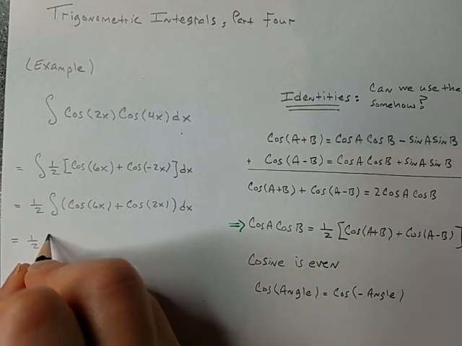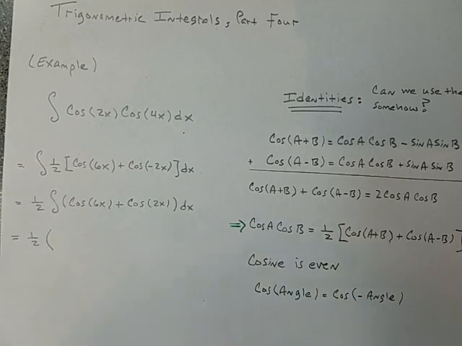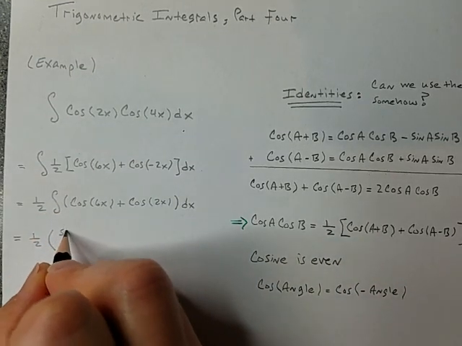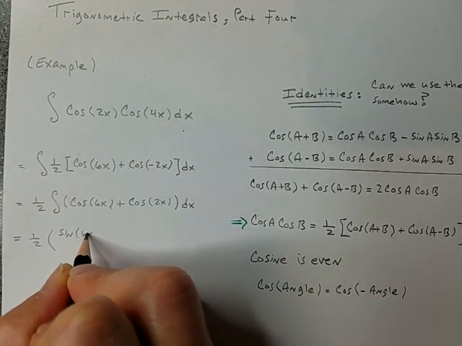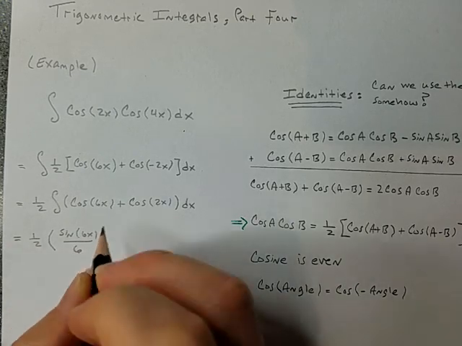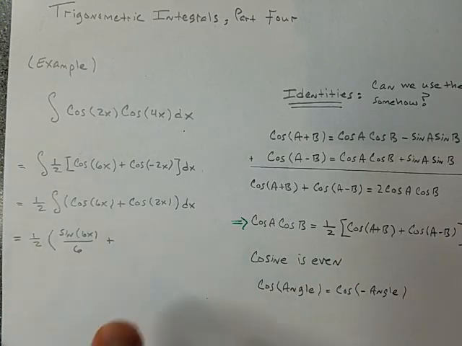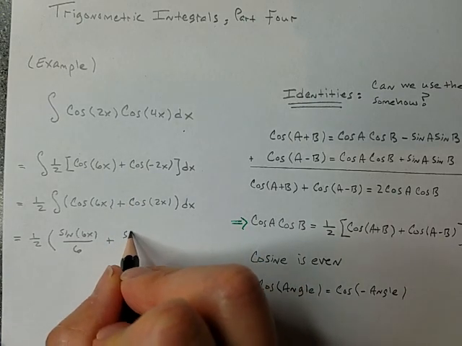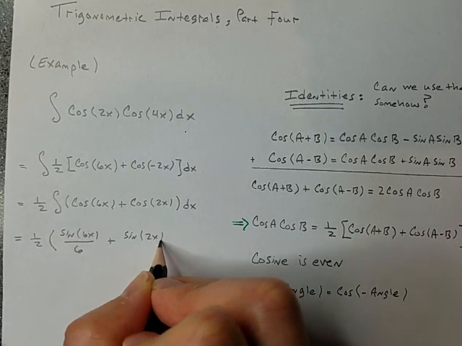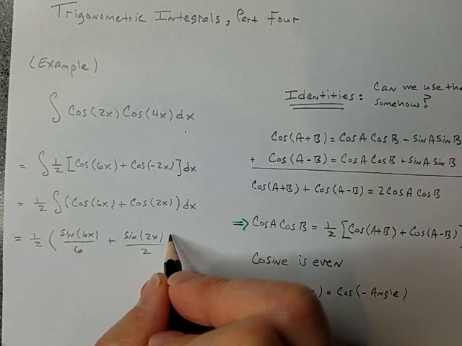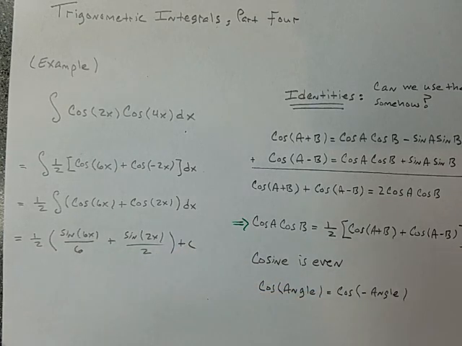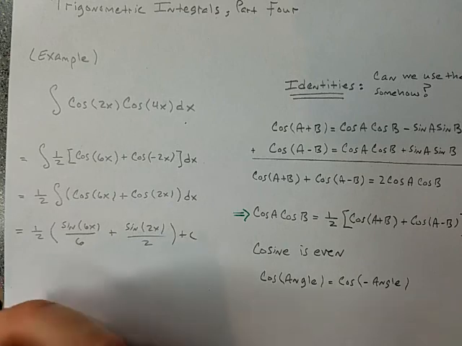Now, the antiderivative of cosine 6x is sine of 6x over 6. And the antiderivative of cosine 2x is sine of 2x over 2. And we get our constant of integration, and then we're about done after that.